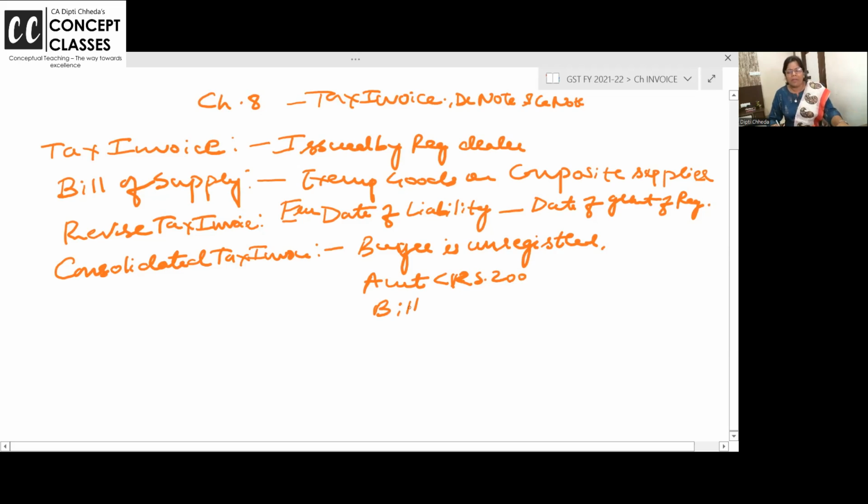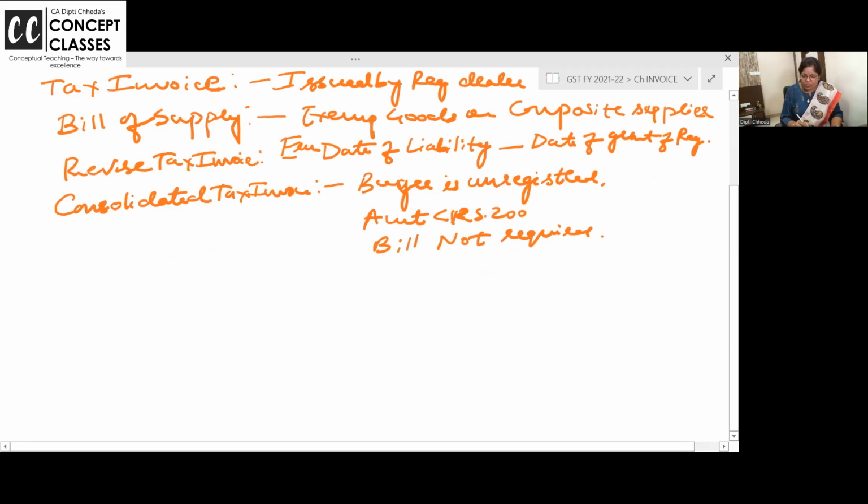No, you don't issue an invoice for 50 rupees or 60 rupees. No, you write the whole day's sales and one consolidated tax invoice you can issue for the whole. Bill not required. In those cases, what document will you prepare? Consolidated tax invoice, revised tax invoice.